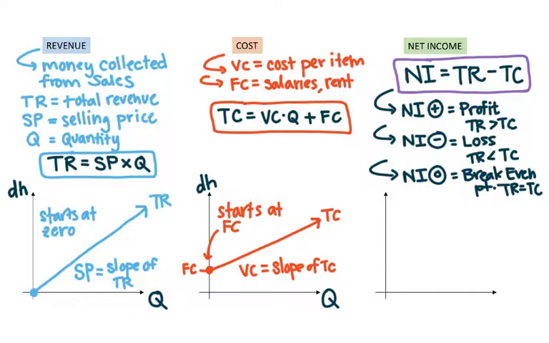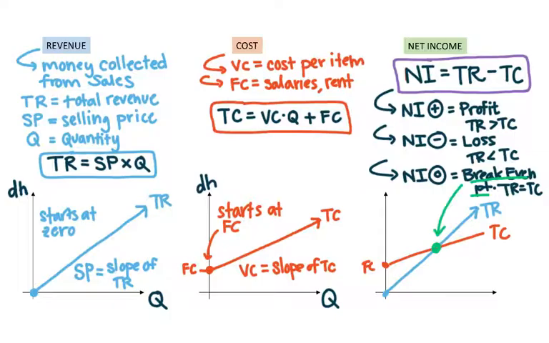We'll talk about this more in future lessons, but I just want to show you on a graph what's happening here. Revenue always starts at (0, 0). Cost always, so let me label that, by the way, total revenue. Cost always starts at the fixed cost. That's total cost. At some point, these graphs will always cross each other, and that's the place where the total revenue exactly equals the total cost.